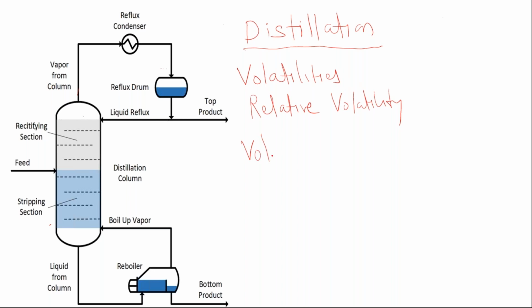So this volatility can be defined as the ratio of partial pressure to the mole fraction of a respective substance. Suppose substance A is involved in the feed of the distillation column, then the volatility of A is equal to the partial pressure to the mole fraction. And when we are talking about the relative volatility, then relative terminology is involved.